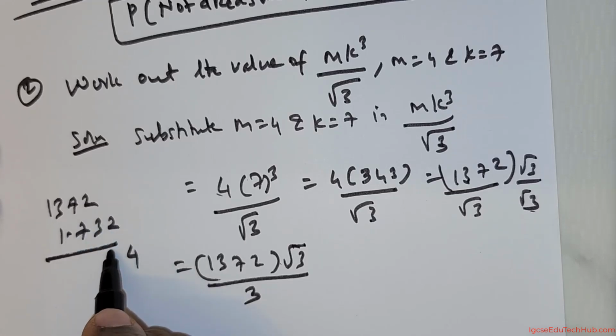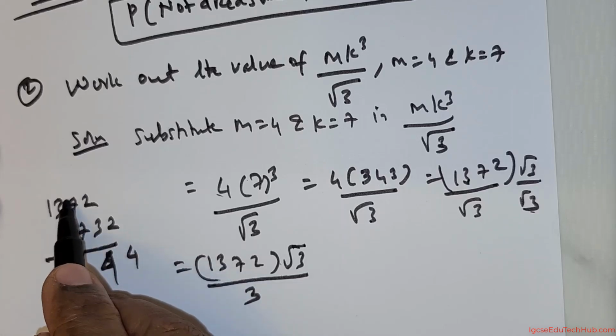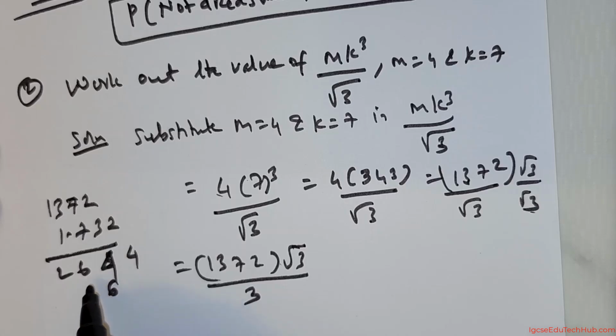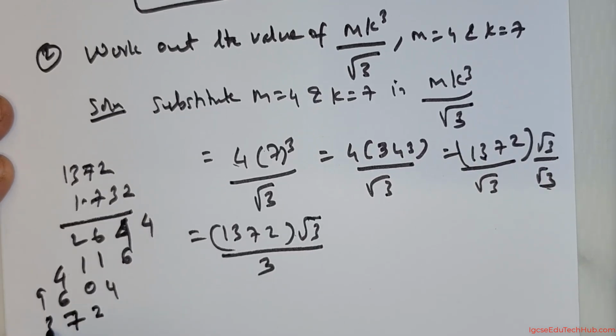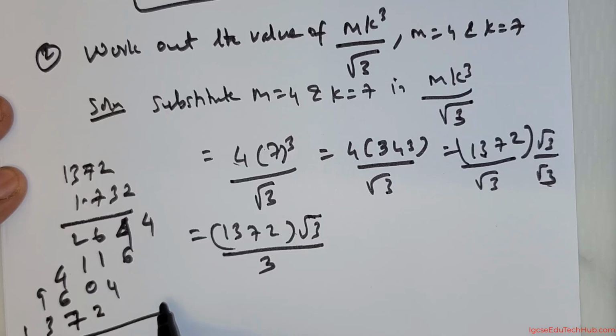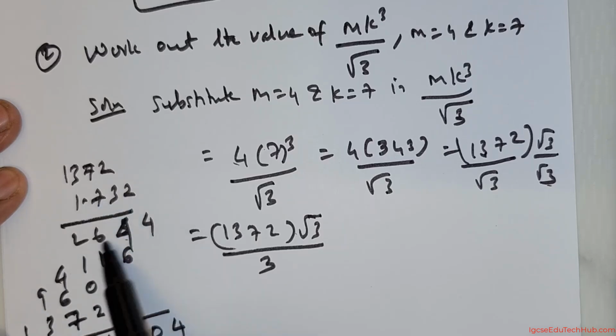So we multiply 1372 by 1.732, and after adding up the partial products, after the decimal point you got 3 places.